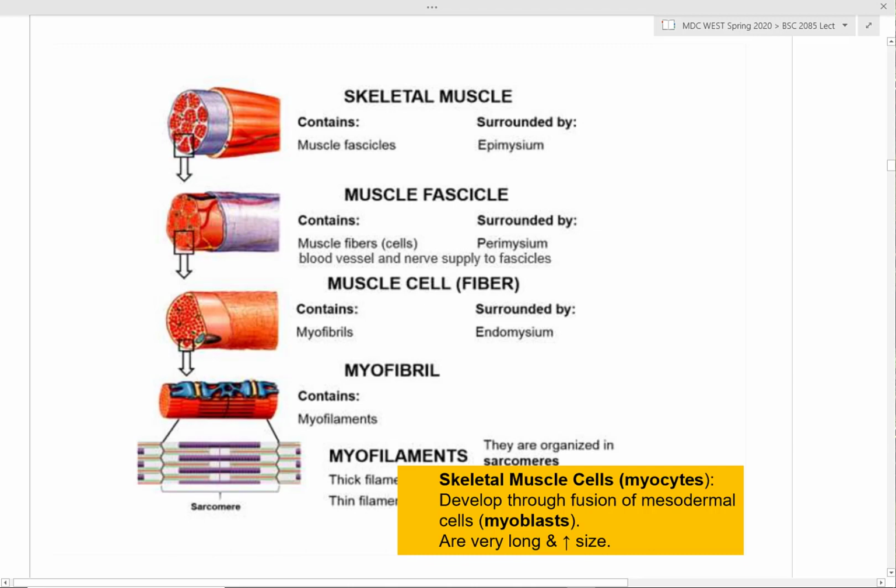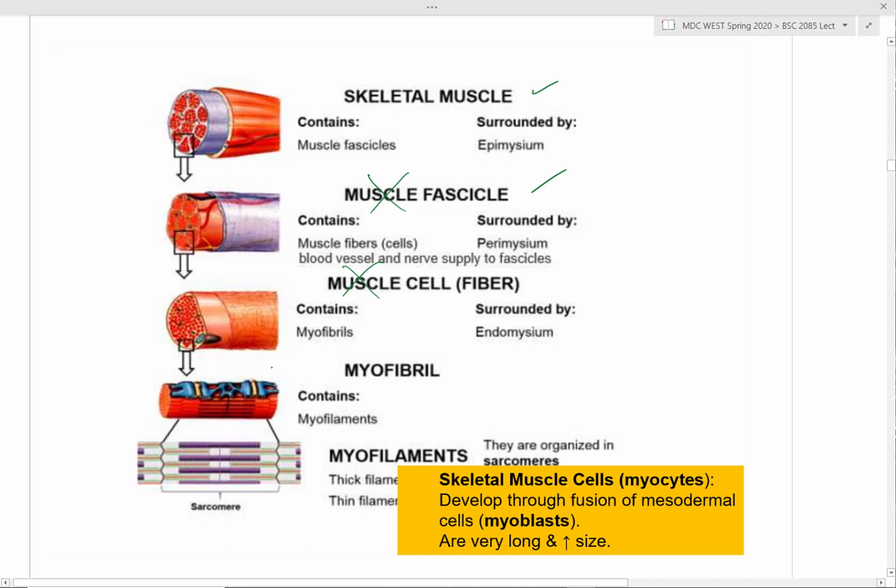So, just a little review. What is the anatomical composition of your muscle, from outer to innermost, or from biggest to smallest? Skeletal muscle first, followed by your fascicle. Everything is muscle if you look at it.